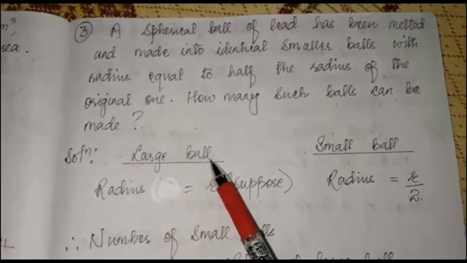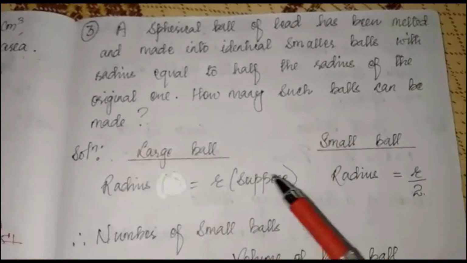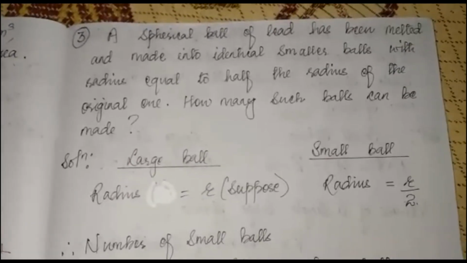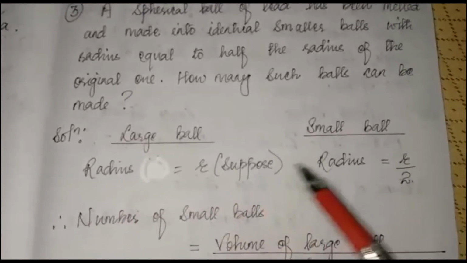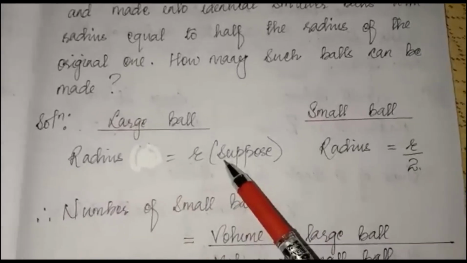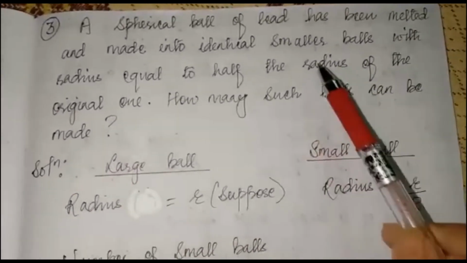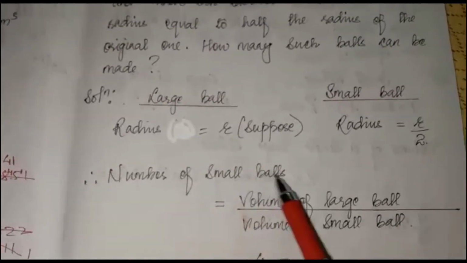So radius is not given, only it is given that when you melt, the new sphere will have half of the radius of the previous sphere. So suppose its radius is r, then the radius of small ball will be r by 2. Number of small balls you have to find.